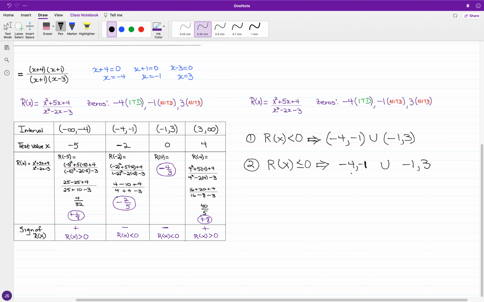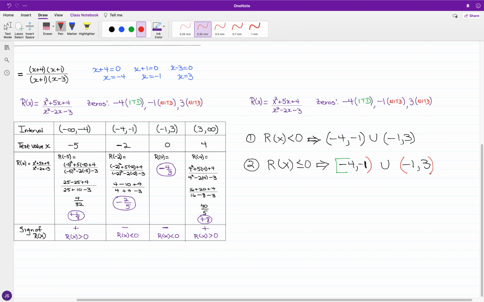So -4 is in the domain, so that part will make this ratio equal to 0. So -4 is part of the solution, so this will be in a bracket. Whereas -1 and 3 are not in the domain, because if you plug -1 or 3 into x, r of x is going to have a 0 denominator, so instead of equaling 0, r of x is going to end up as undefined. So -1 and 3 are not officially part of the solution, so those are going to stay in parentheses.